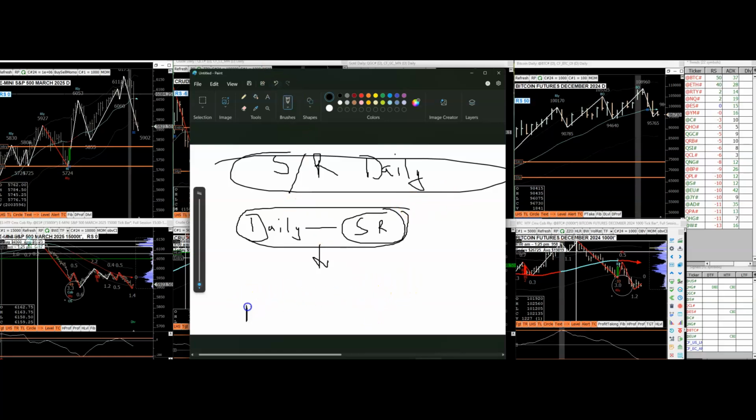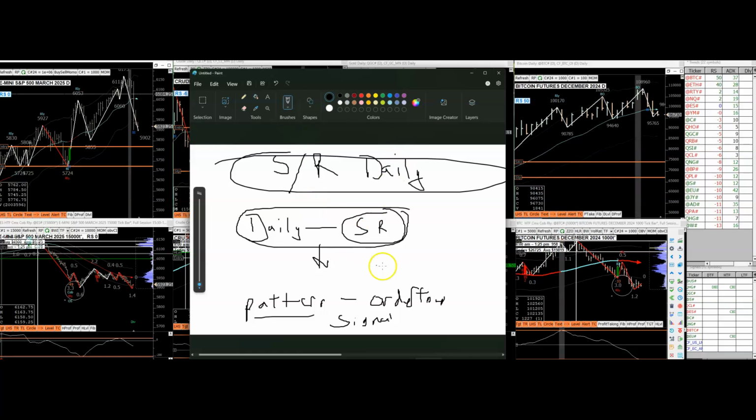These are the mistakes: just focusing on a pattern and saying, oh, this pattern did this. Or focusing in isolation, patterns in isolation, order flow in isolation, oscillators in isolation, any signal in isolation, without understanding daily support and resistance, and of course trend.